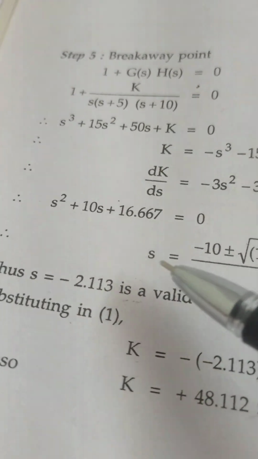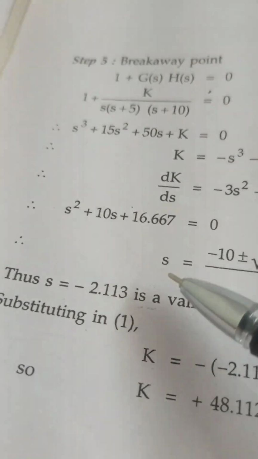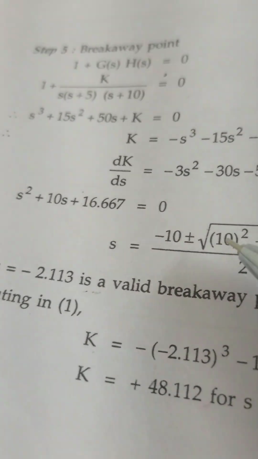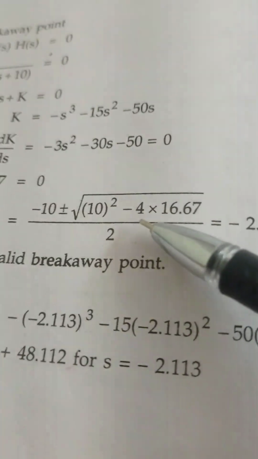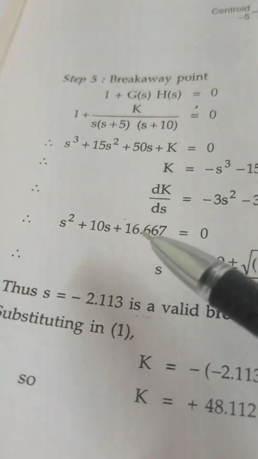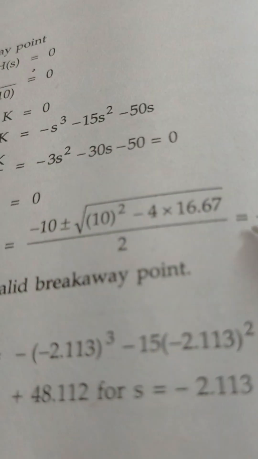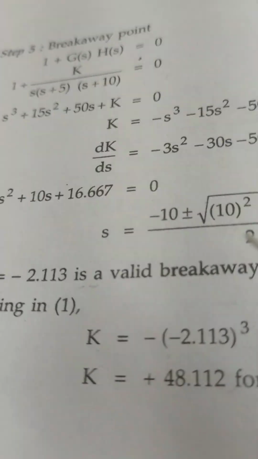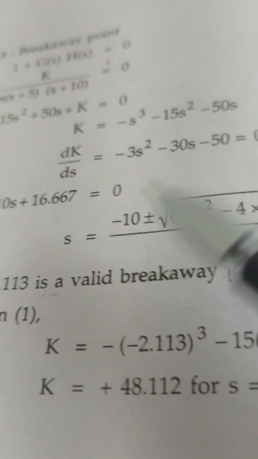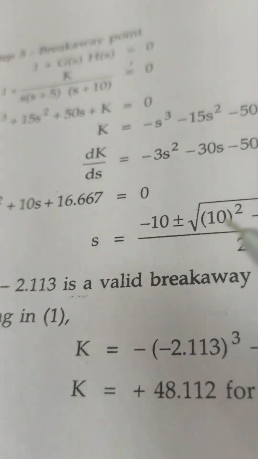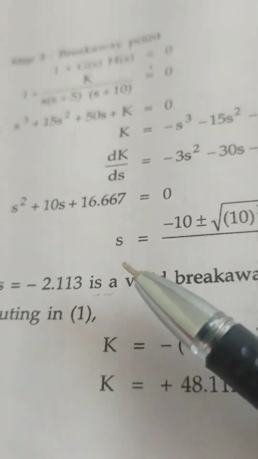Therefore, s equals minus b plus or minus square root of b squared minus 4ac, divided by 2a. The value of a is the coefficient of s squared, which is 1. From this we can find the roots, that is, the value of s.